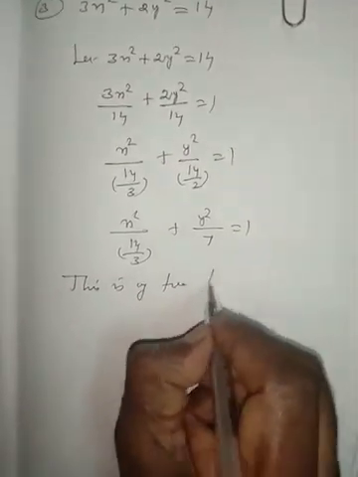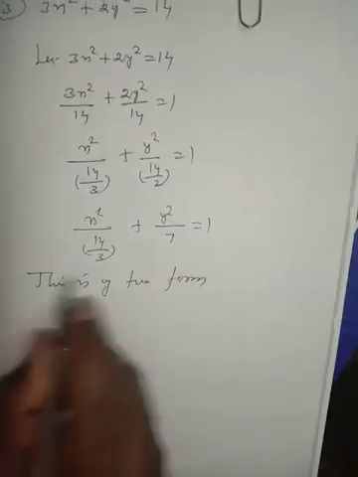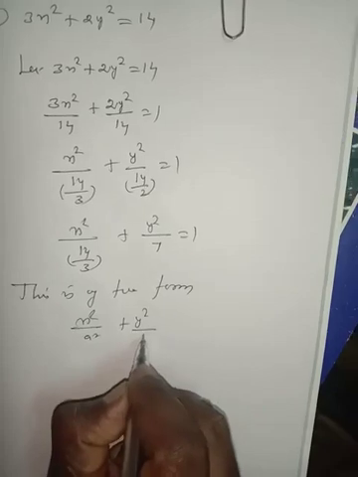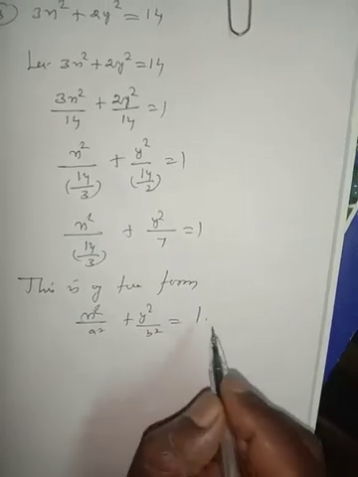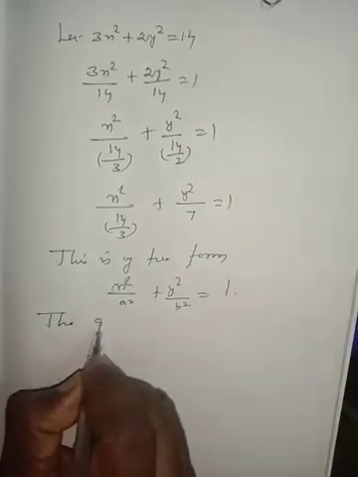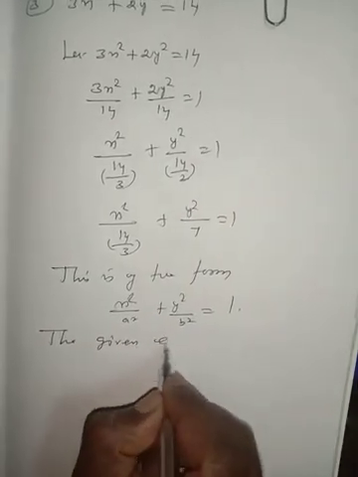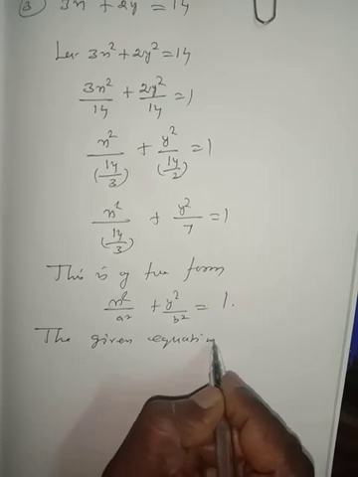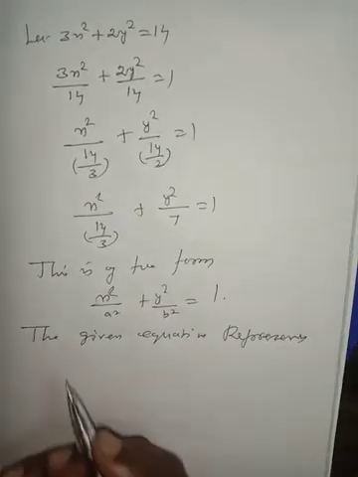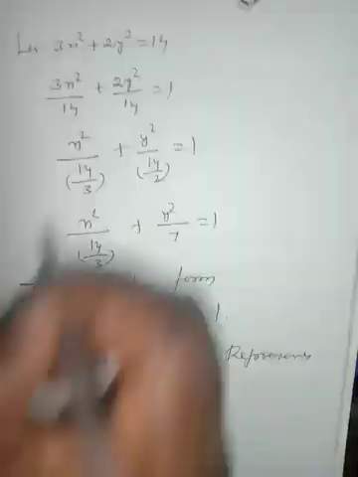This is of the form x square by a square plus y square by b square is equal to 1. The given equation represents an ellipse.